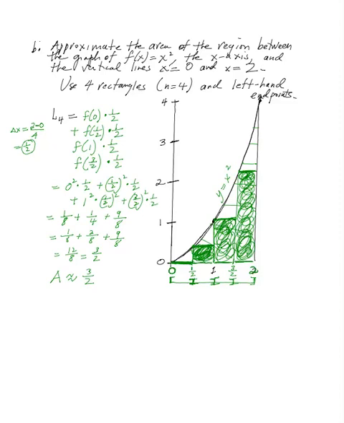So we're going to do exactly the same problem now, but we're going to use 4 rectangles as before, and left-hand endpoints this time though, instead of right-hand endpoints.